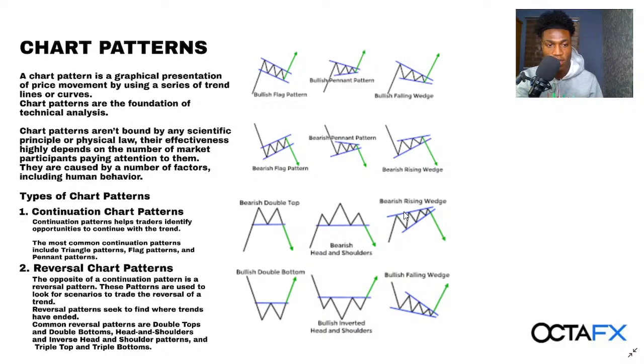While reversal, as the name goes, is the direct opposite of a continuation pattern, and is used to look for opportunities to trade the reversal of a trend. The reversal patterns seek to find where trends have ended. Common reversal patterns include the double tops and double bottoms, head and shoulder, and inverse head and shoulder patterns, and the triple top and the triple bottoms.